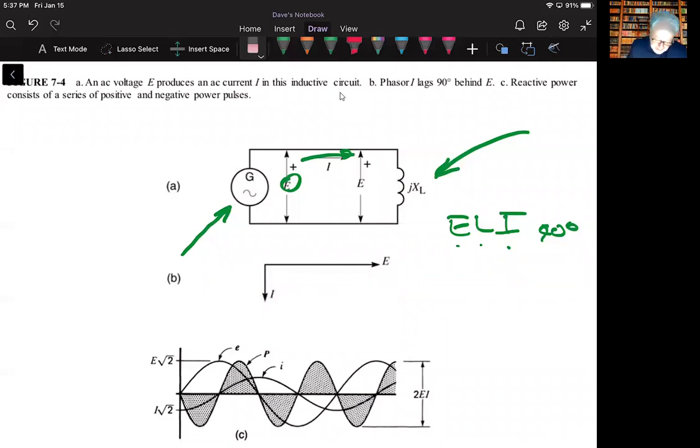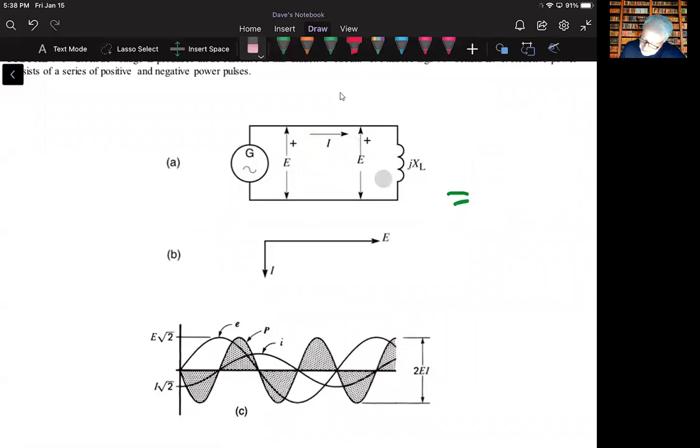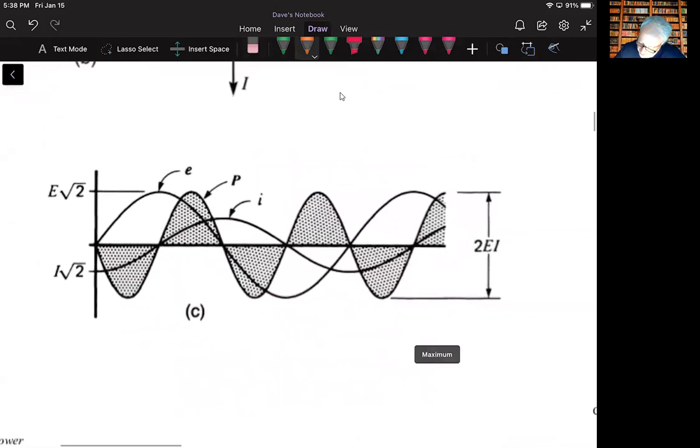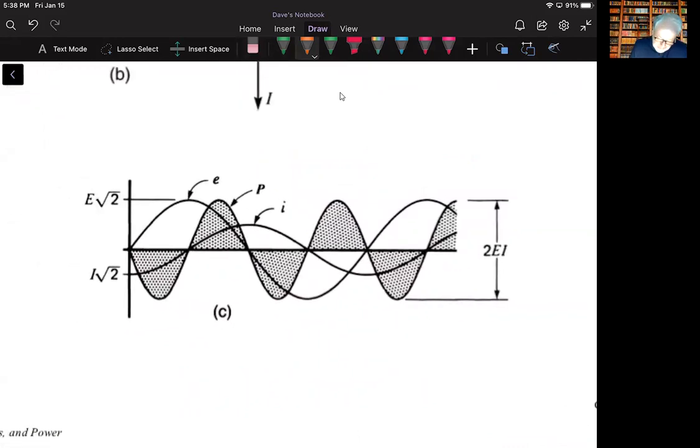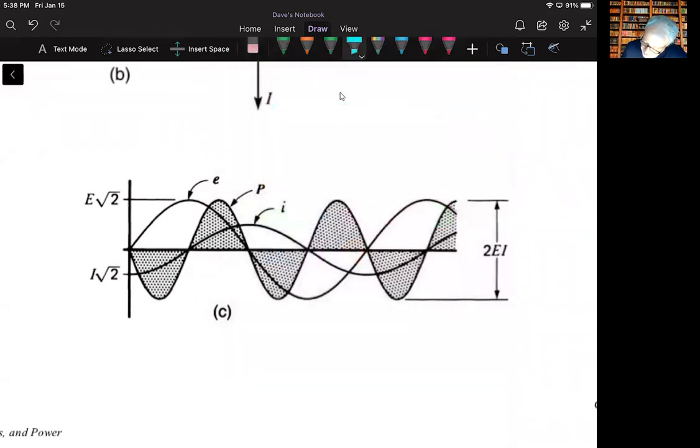Now, what really goes on in a circuit, and we've got the waveforms drawn here. Let me erase all this, and I'm going to increase the size of this so that we can get a little better look at it. Again, we have voltage and current across here, right? I'll go with the blue. Here is our voltage, tracing the voltage across here.